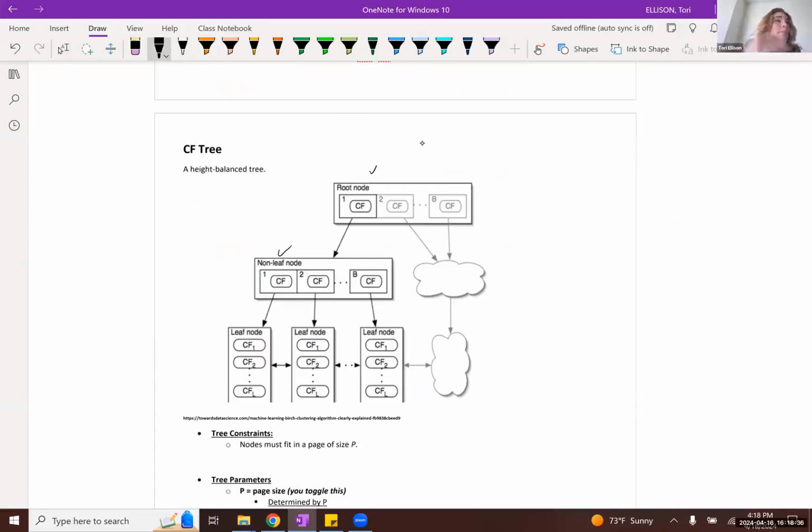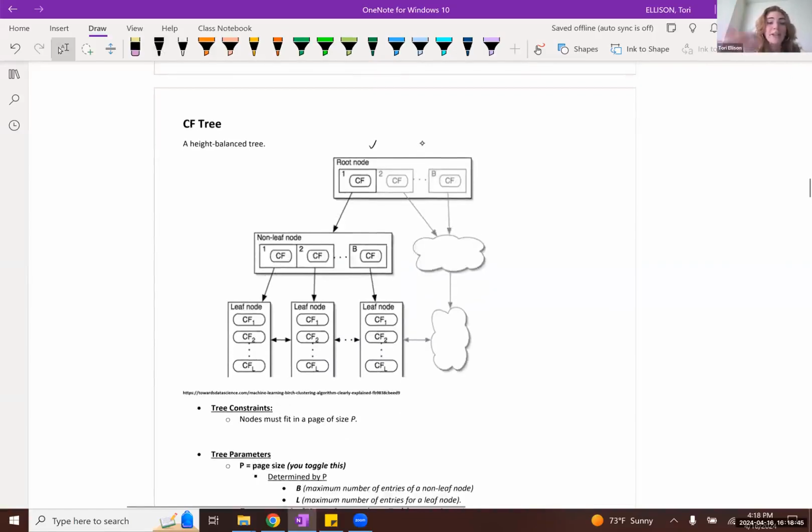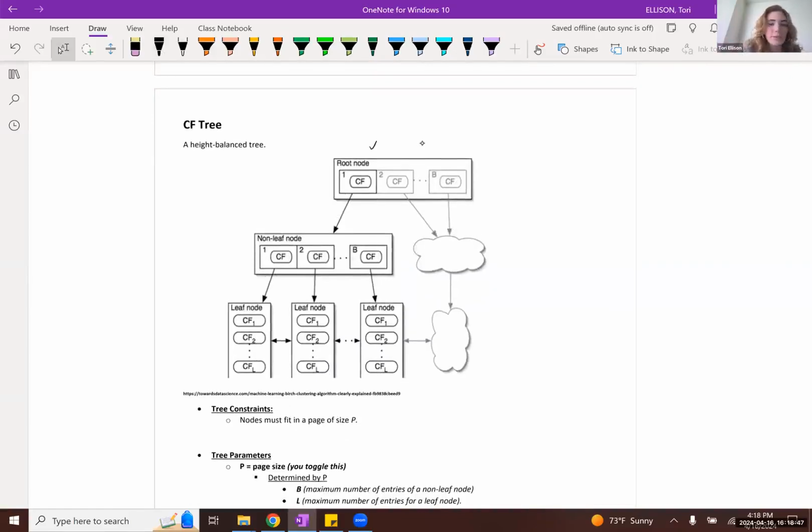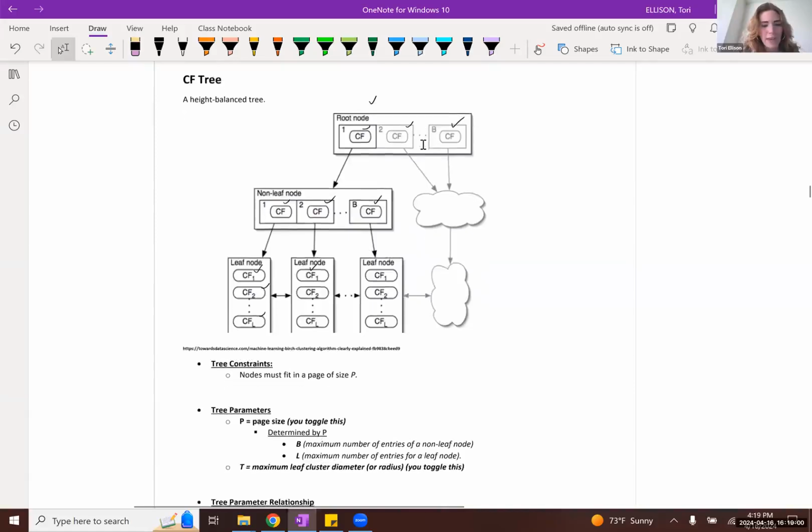And then at basically the base of this tree, we have a series of leaf nodes. Each of these nodes in our tree are essentially used as containers for CF entries, which, as we've discussed, correspond to subclusters that we've identified in the clustering structure of the data set so far.